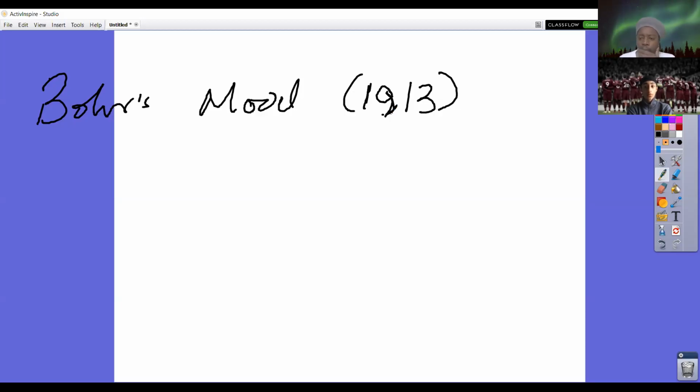So, for example, if you have, and this is just a simple demonstration, I could probably just explain it. If you have a box, and it's a clear box, and you have hydrogen atoms in here.